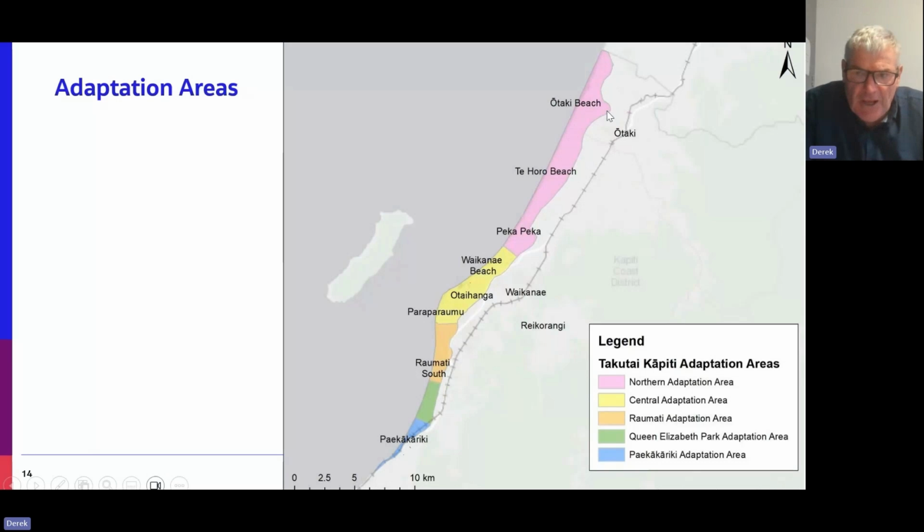As you can see, the landward boundary of these assessment areas is not linear. It goes in and out, and that's related to how far inland those coastal processes might occur. So for the northern area and through into Waikanae, this boundary represents the landward limit of where that coastal inundation could occur.